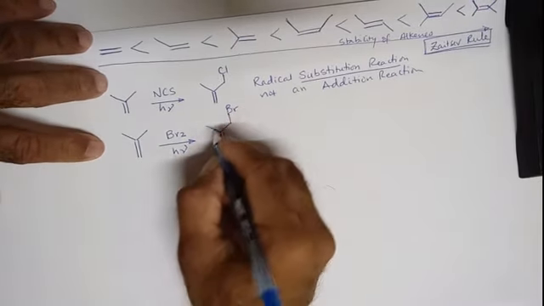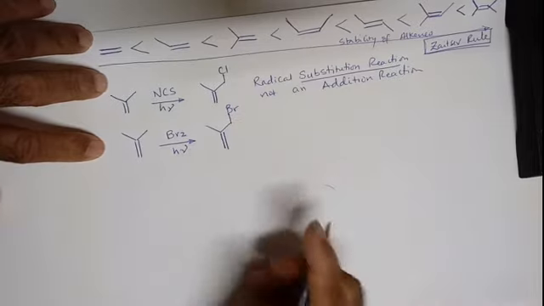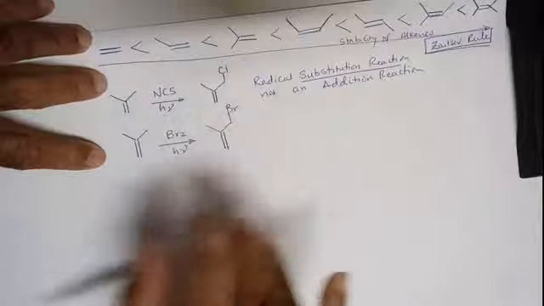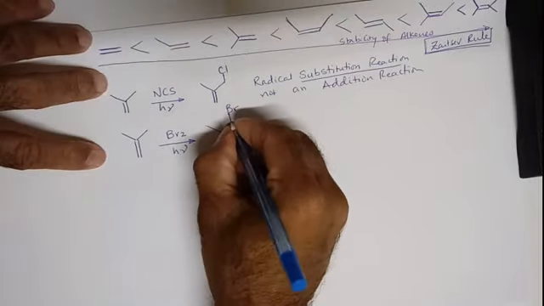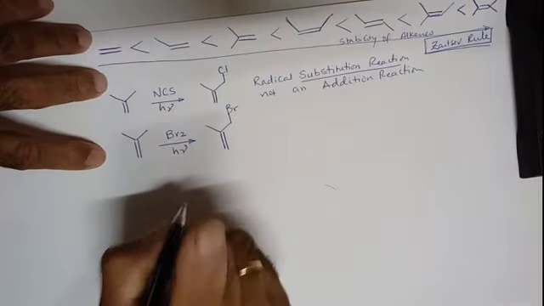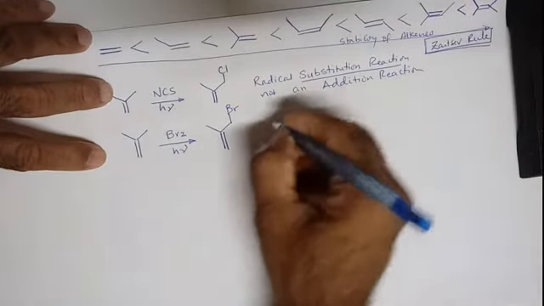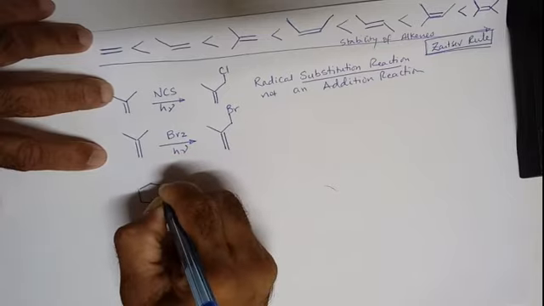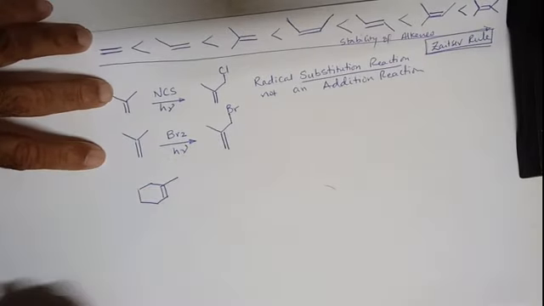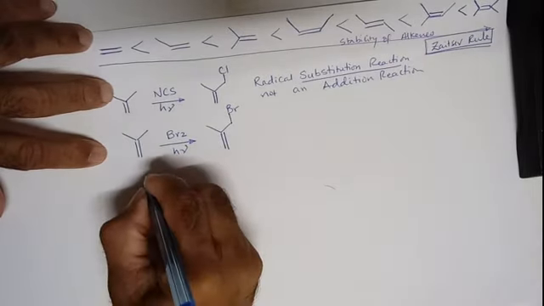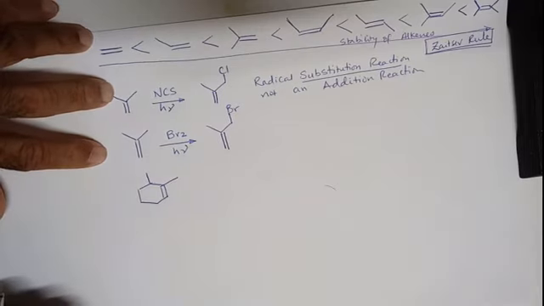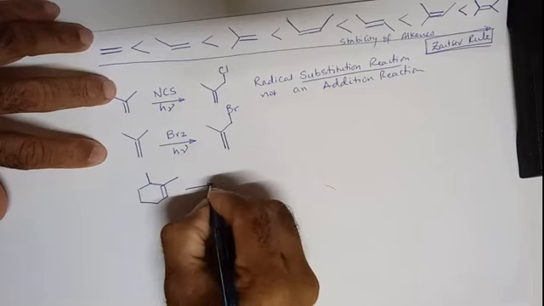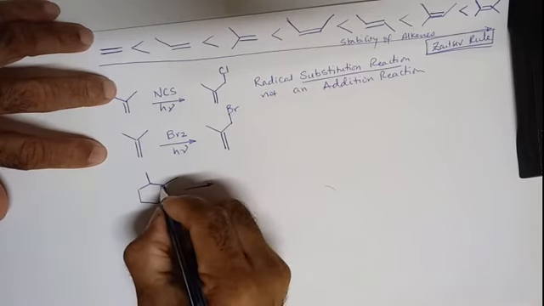Now, keep one thing in mind: when there are multiple locations of pi bonds, then you have to be mindful about which intermediate is more stable. So, if this is offered to you as a question on a test, you should feel good. This question is an easy question to answer.